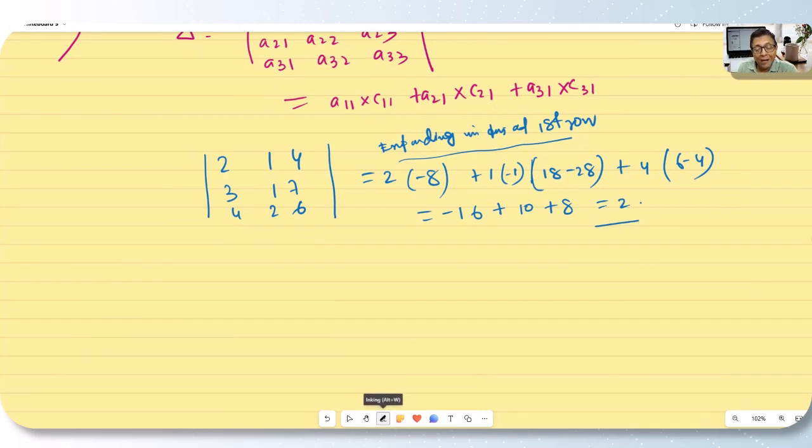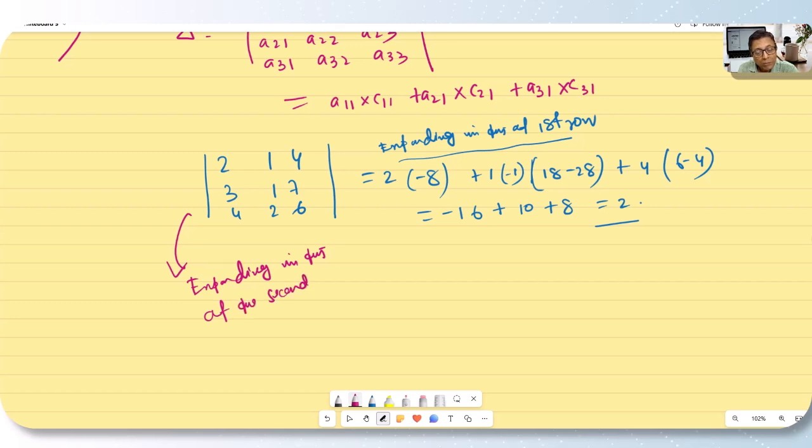Let us expand in terms of the second column.